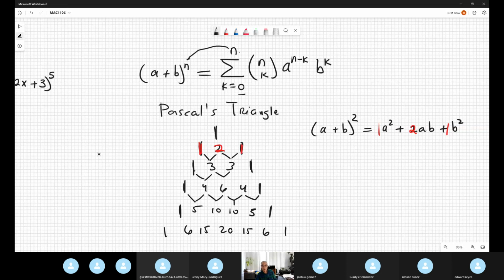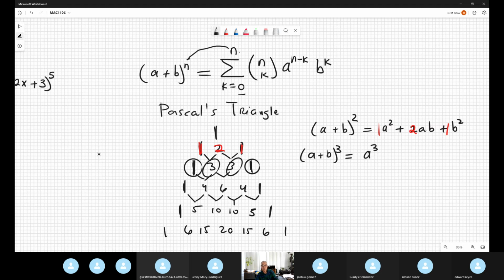Suppose now that you are doing (a plus b) to the 3rd power. We have 4 terms, because between 0 and 3 we have 4 terms, and the coefficients are 1, 3, 3, and 1.